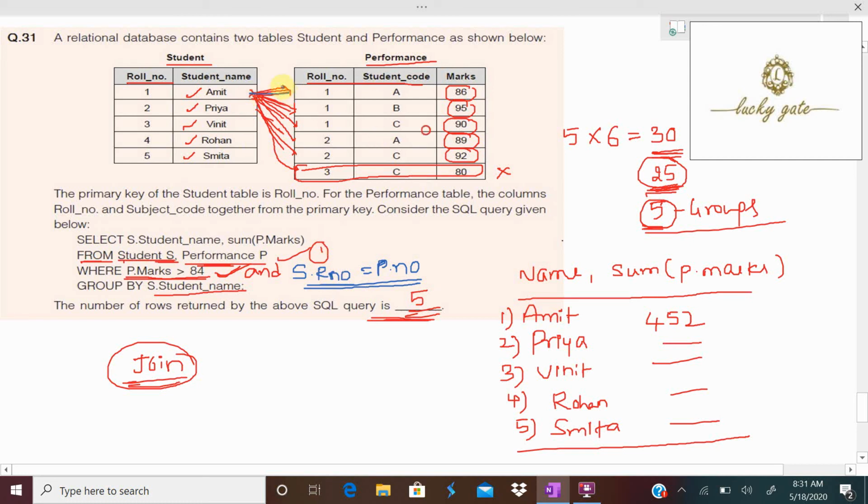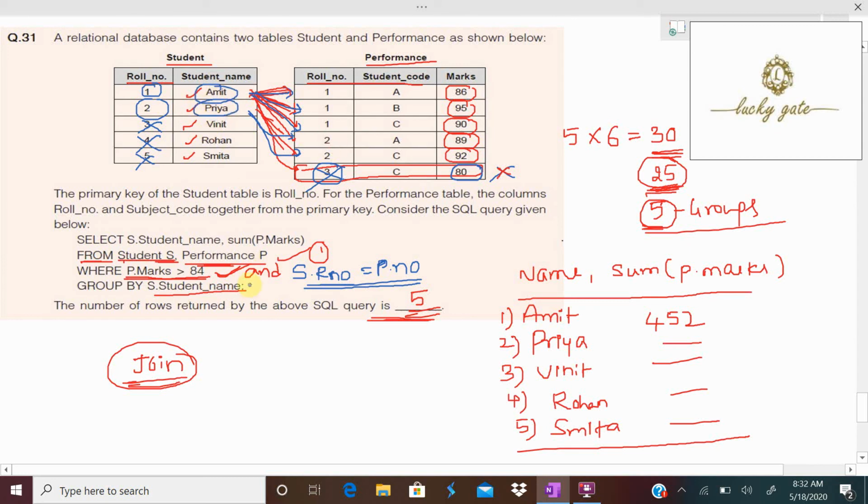Because for one we have three matching rows, and for two we have two matching rows. Because the where P dot marks greater than 84 condition is there, this is anyhow false. It means for student 3 we don't have matching rows, and student 4 also we don't have matching rows. So we have matching rows only for student 1 and 2, that is Amit and Priya.